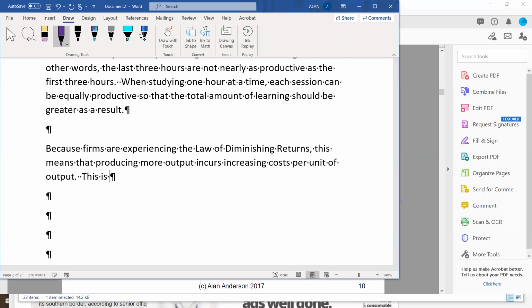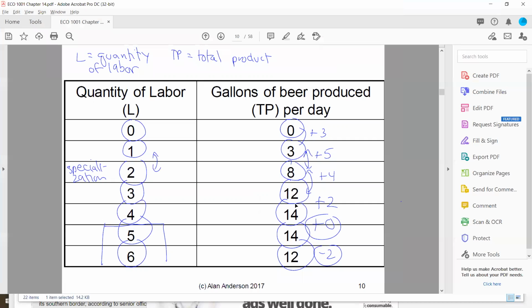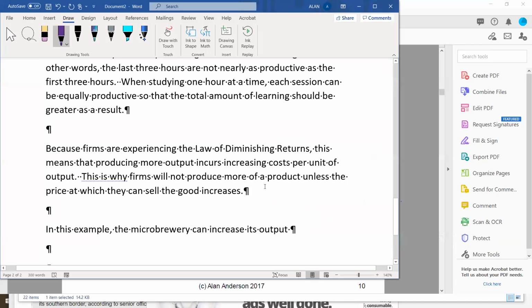This is why firms will not produce more of a product unless the price at which they can sell the good increases. In other words, in this example, the microbrewery can increase its output, let's say they suddenly realize that they've got enough demand to sell 14 gallons instead of 12, from 12 gallons to 14 gallons.